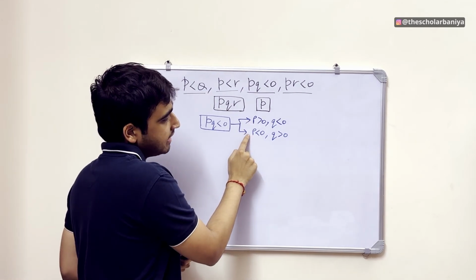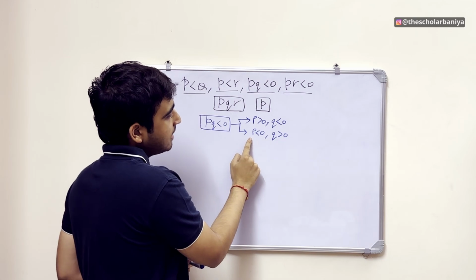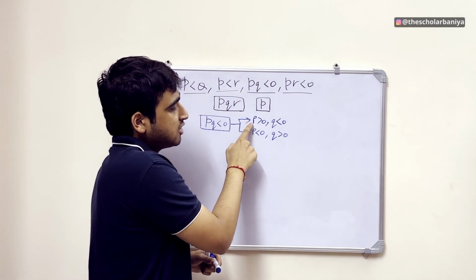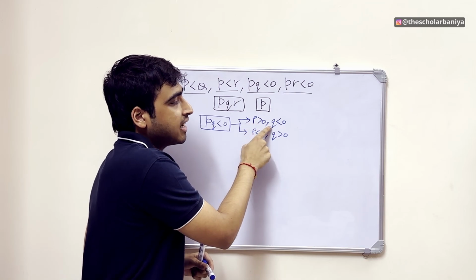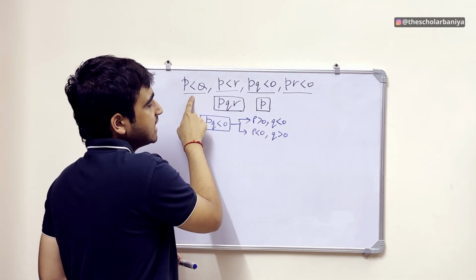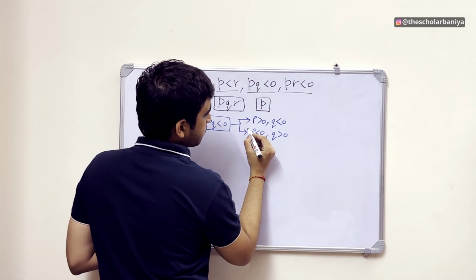Because it can be either of these two cases, but we know P is less than Q. So obviously this first case is not possible, because here P is greater than 0 and Q is less than 0. That means P is greater than Q, which is wrong, since P is less than Q. That means this is the only valid case.